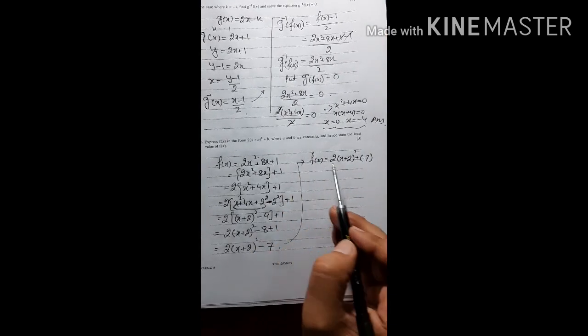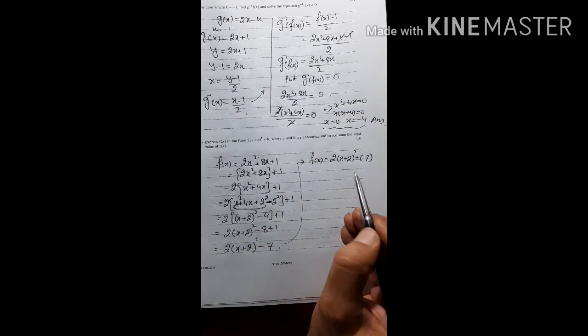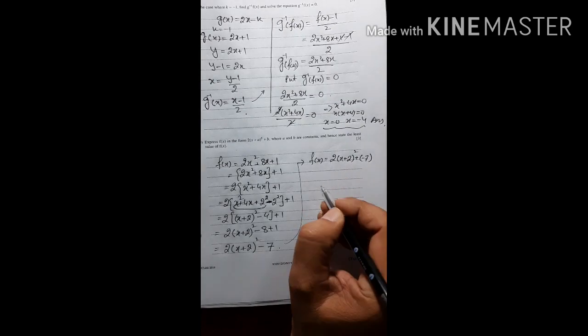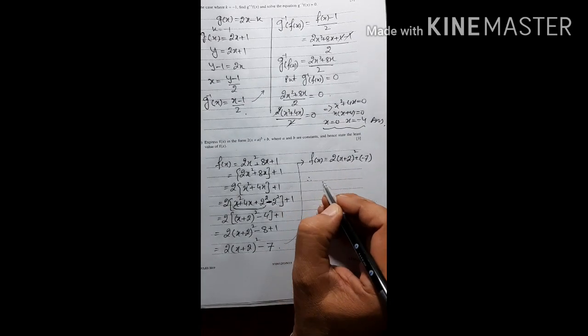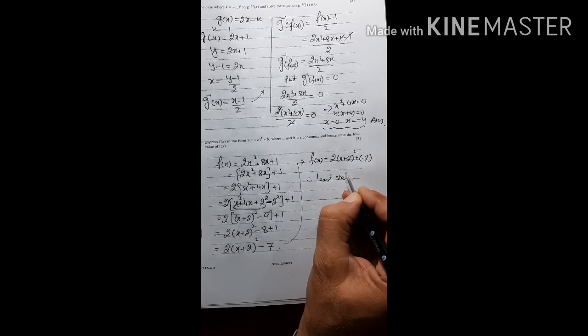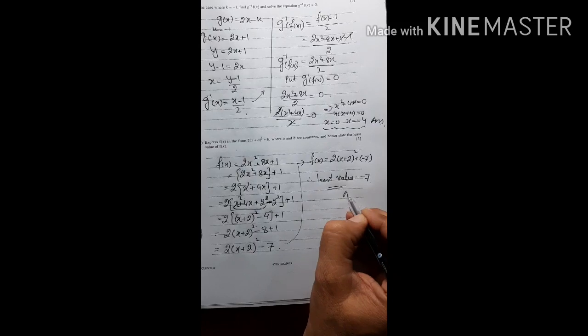So if you see, I have converted this f(x) in this form. So the least value will be this one. Therefore, least value is minus 7. This is answer.